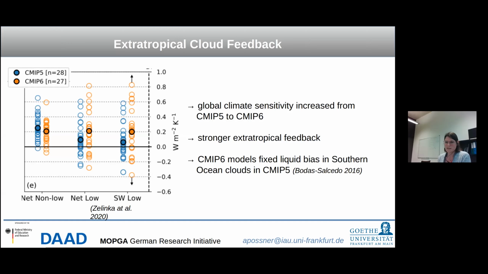Models that have fixed this bias from the previous model generation now simulate a considerably stronger cloud feedback in the Southern Ocean. So even though these clouds are in only one particular region of the world, the radiative effects that they generate are enough to matter globally and to impact climate sensitivity estimates.